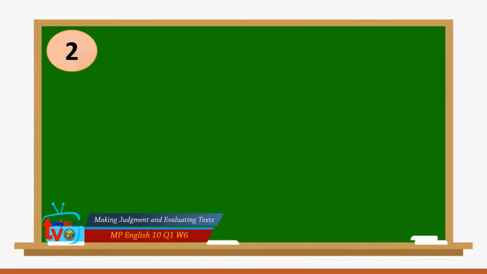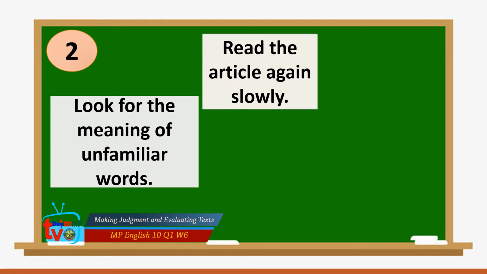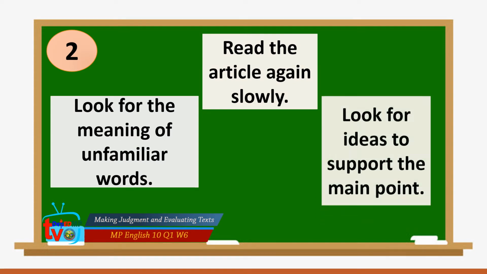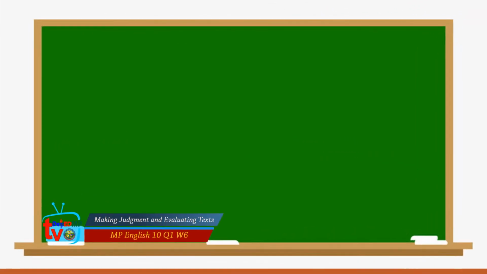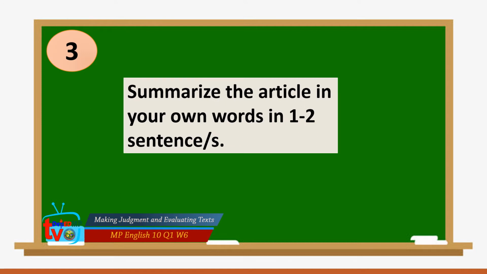Second, look at the meaning of the unfamiliar words in the dictionary, and then carefully and slowly read the article again. This time, you look for the ideas the author uses to support the main point. Third, summarize the article in your own words in 1 to 2 sentences.